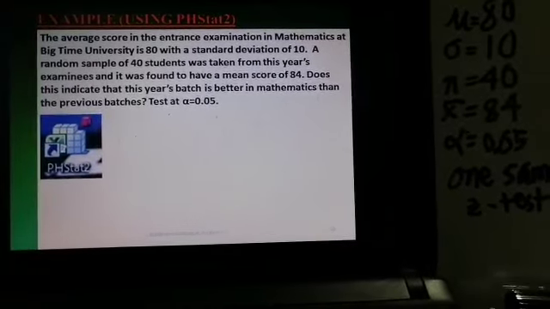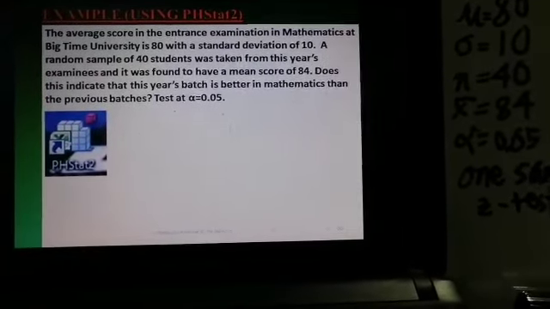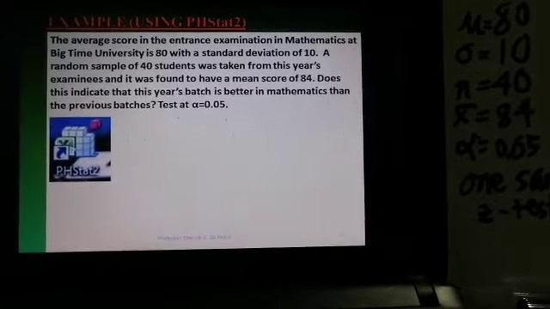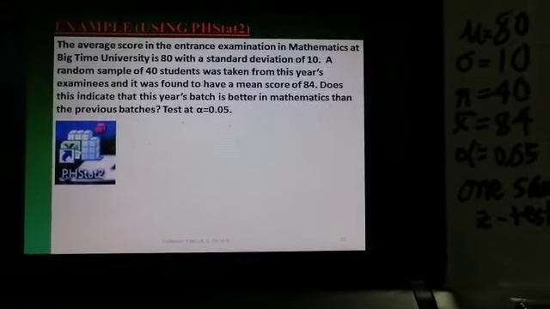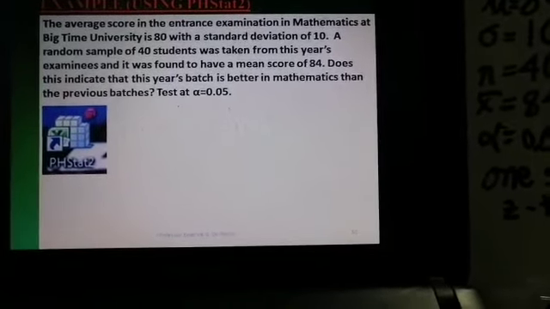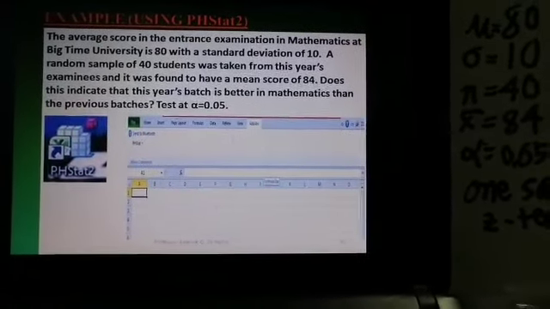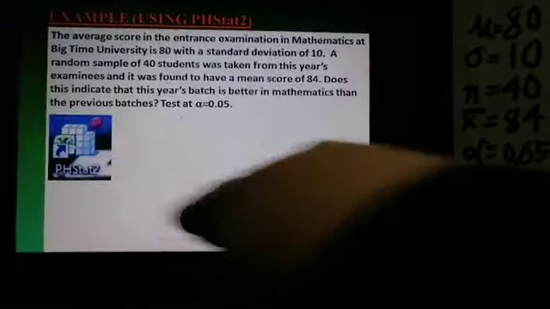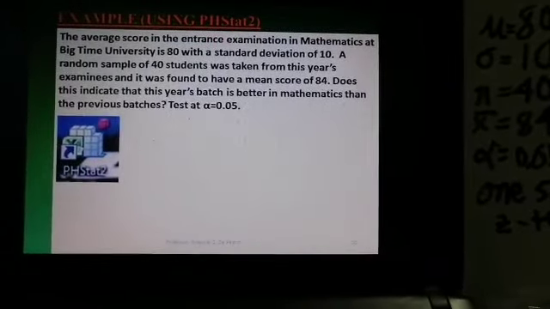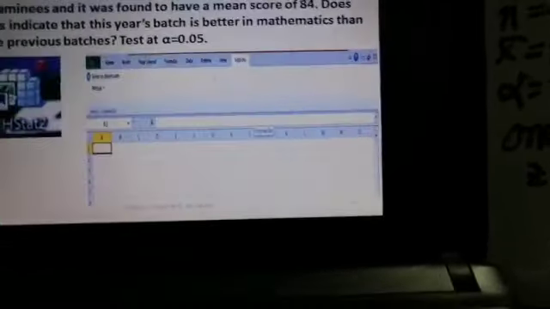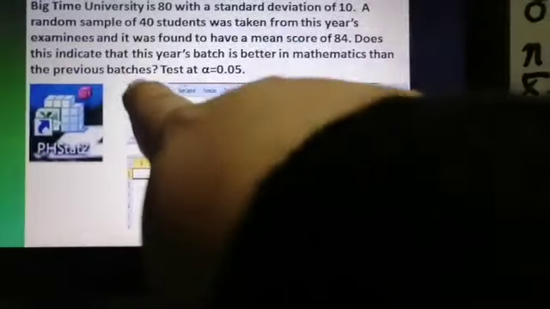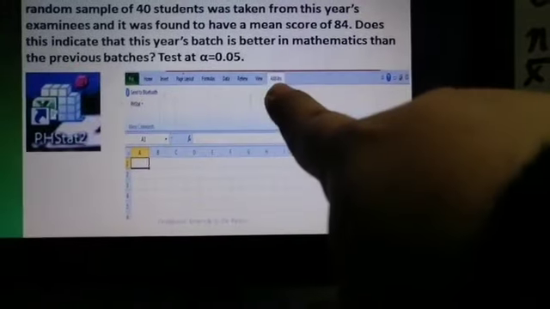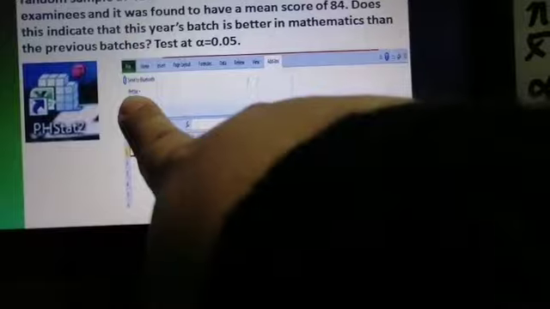However, it would be a problem if you're using a Mac, because this doesn't work there. It works with Microsoft Office. Once you have installed this, you will see this icon. All you have to do is double click, and a window will appear. Then you go to Add-ins, and you will see PHStat.